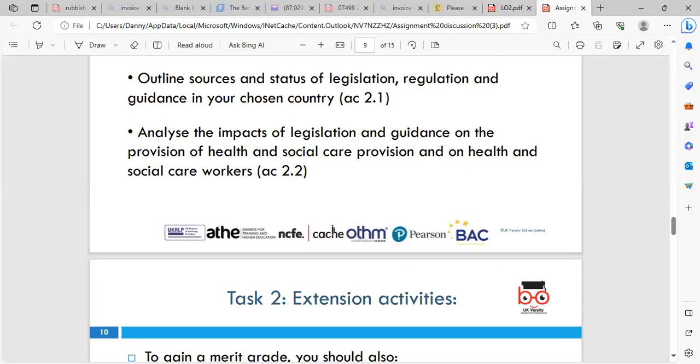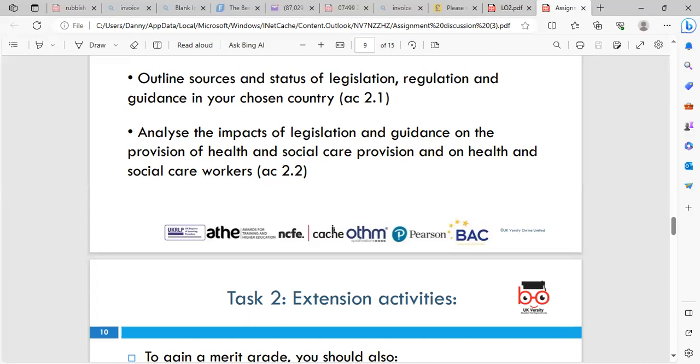So the question says: outline the sources and the status of legislation, regulation, and guidance in your chosen country. Bear in mind that in Task 1 you have to choose a country and a policy. They want to know the sources of this policy, where they take their instructions or their power from.